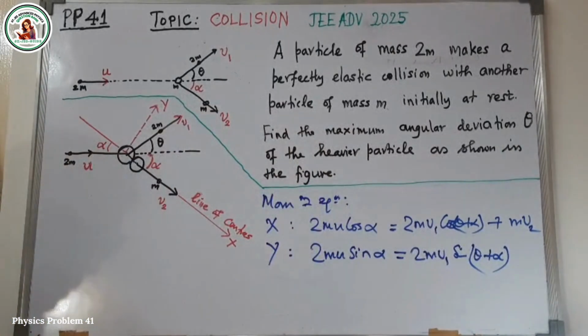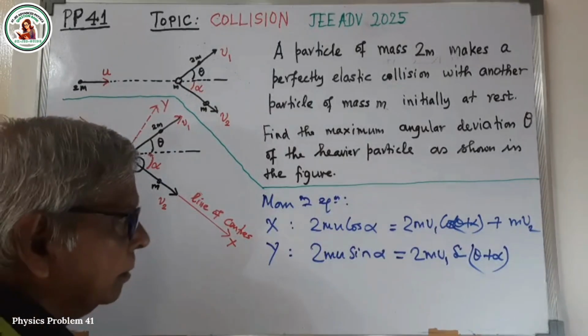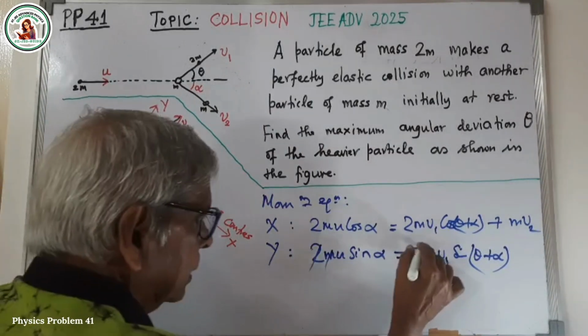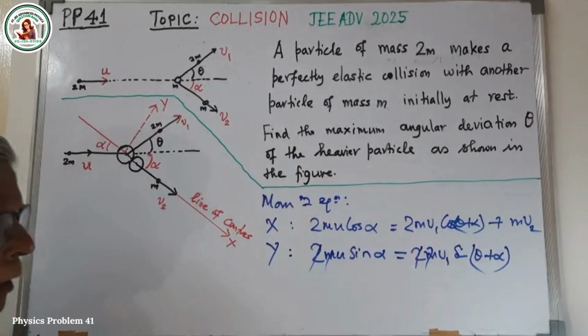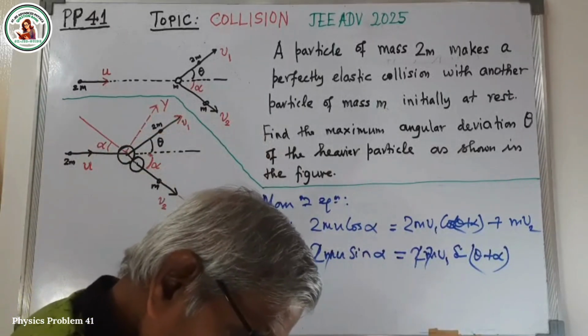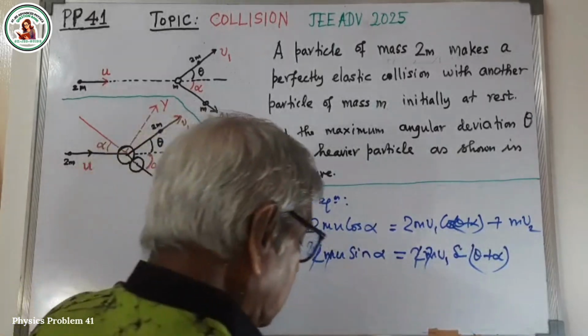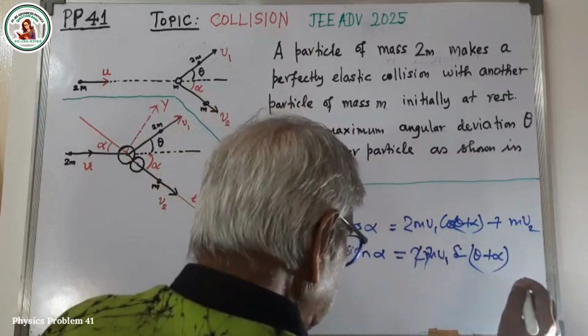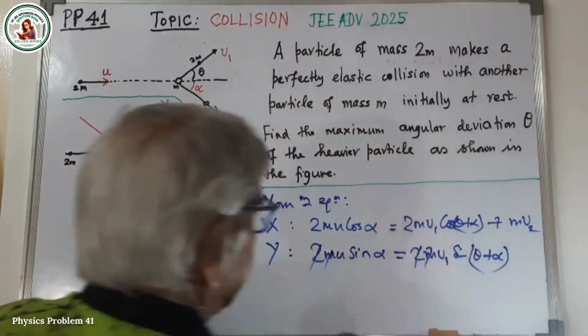Only one mass is involved, so 2m can be cancelled. I am taking this as equation 1.